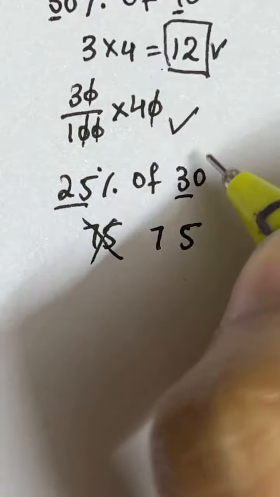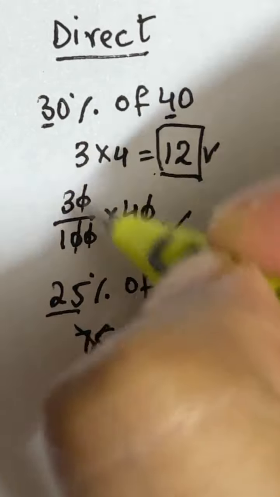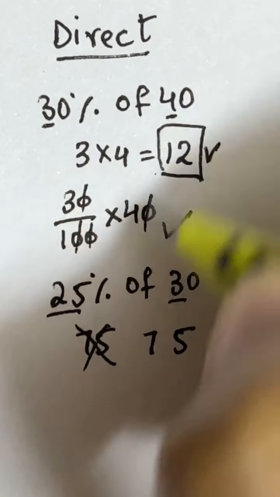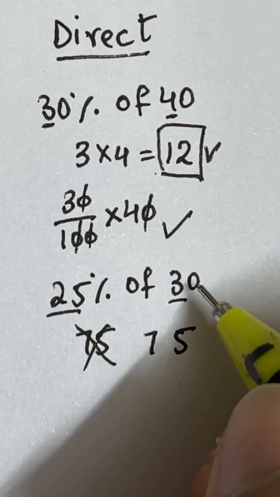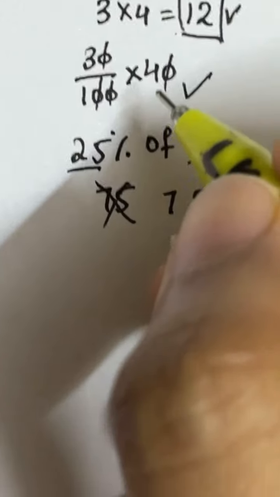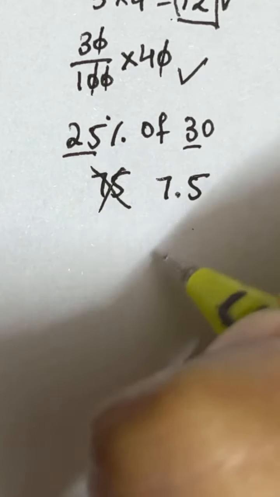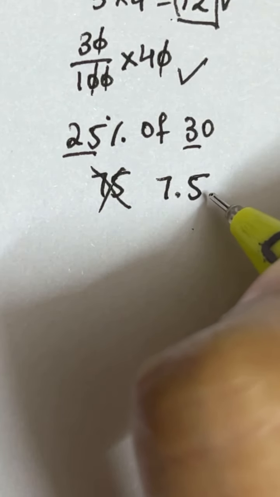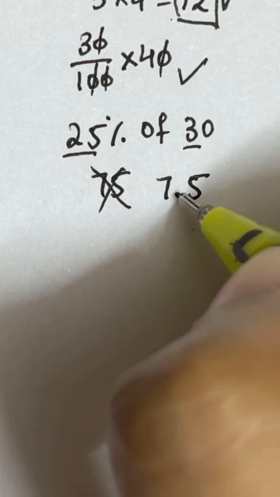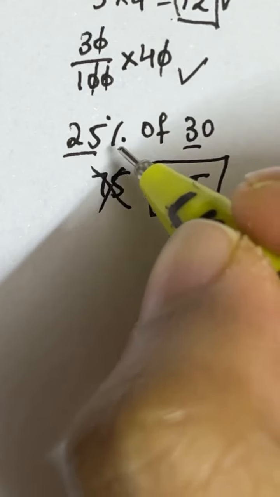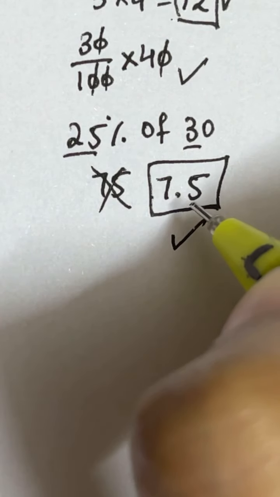For another zero, there should be 2 zeros. Whenever you want to strike off, you should have 2 zeros. So here you only have 1 zero. For another zero, you put a decimal in between. You have a decimal on the right side, you move 1 slot towards the left, and your answer is 7.5. So 25% of 30 is 7.5.